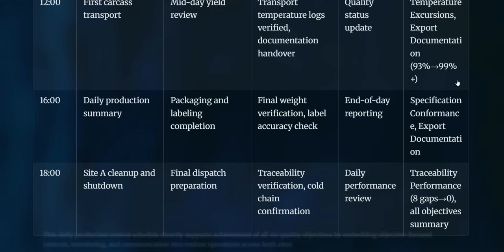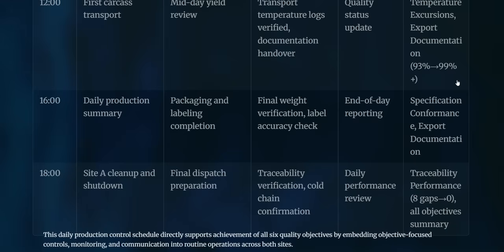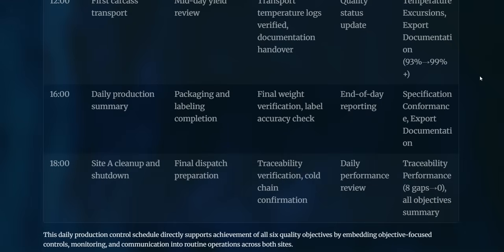Our target with this control is traceability performance, which is currently at 8 gaps that we want to reduce to 0, and all objectives summary. This daily production control schedule directly supports achievement of all 6 quality objectives by embedding objective-focused controls, monitoring, and communication into routine operations across both sites.